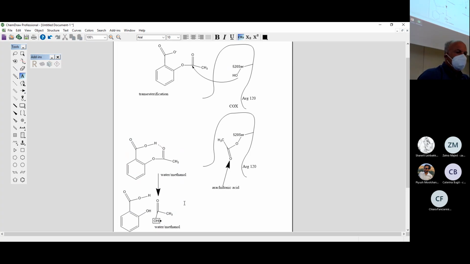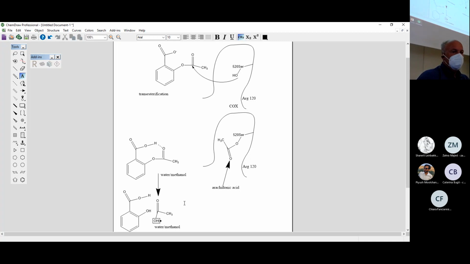This is the reason you do not find any liquid formulation of acetylsalicylic acid on the market. You can find tablets, you can find other forms, cream, what you want, but not drops.